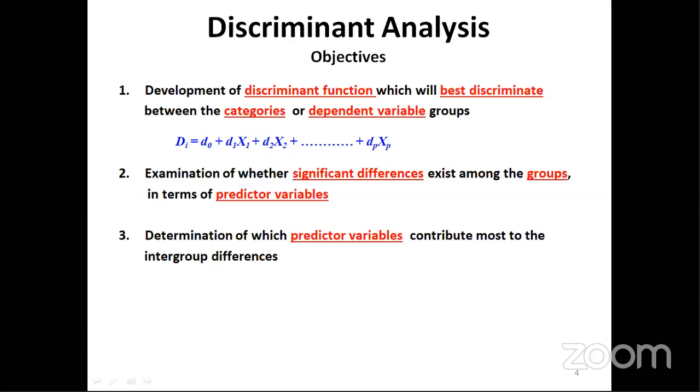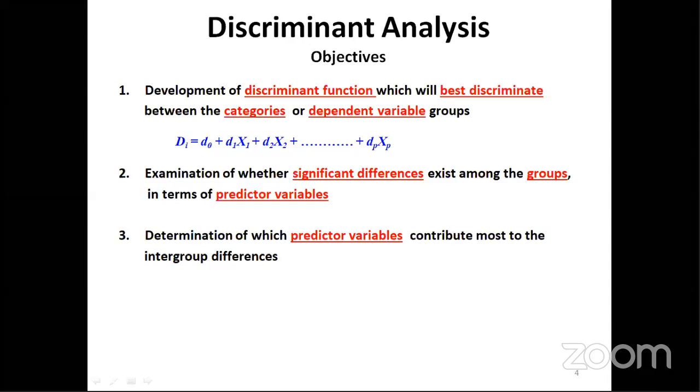We'll see the standardized coefficient of both variables, income and family size, and the one whose standardized coefficient is higher, it means its contribution is higher to explain the dependent variable.